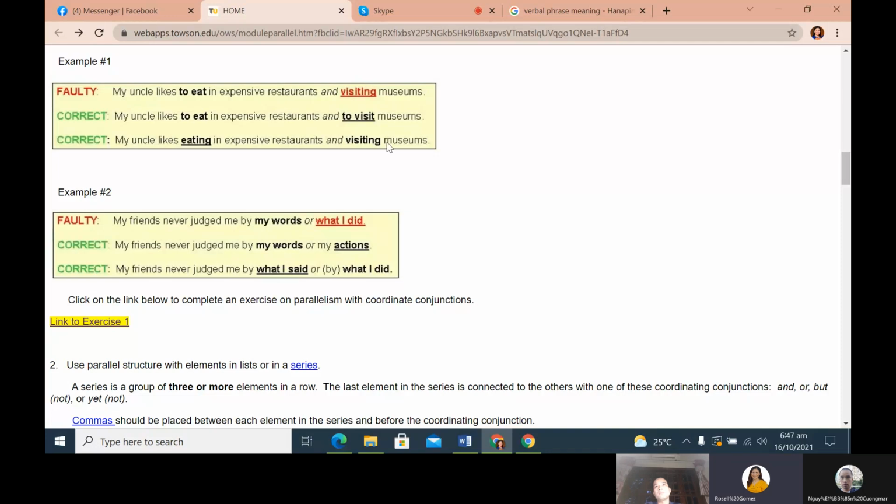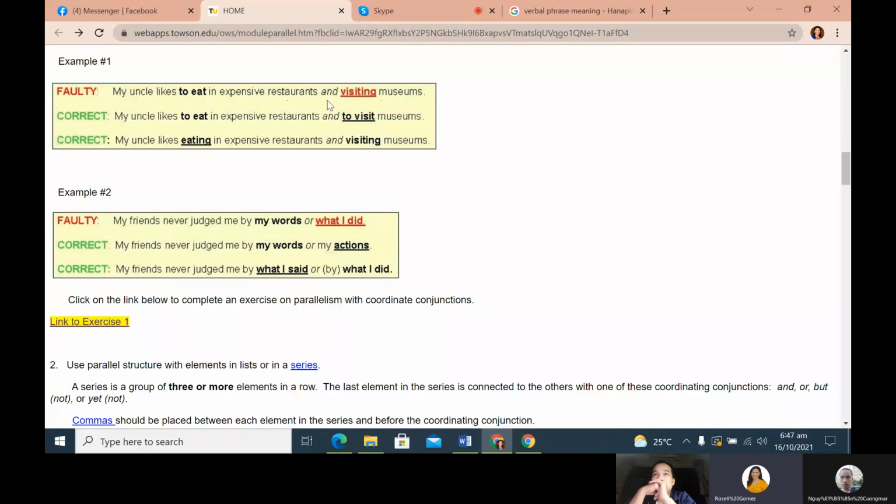You know what, in a sentence, what is very important is: my uncle likes to eat in expensive restaurants, and what kind of museum? Modern, and museum, maybe like that. And maybe you would say, okay, still this is not parallel.